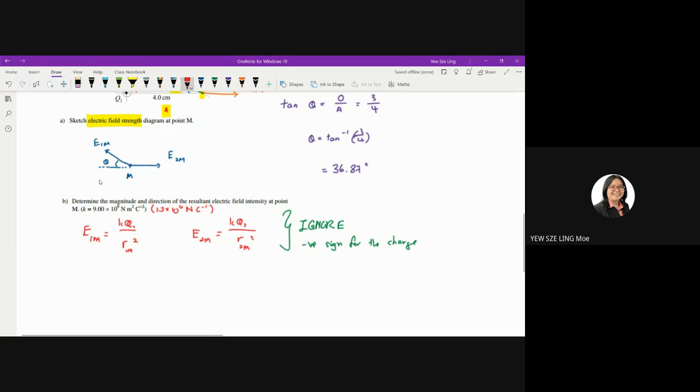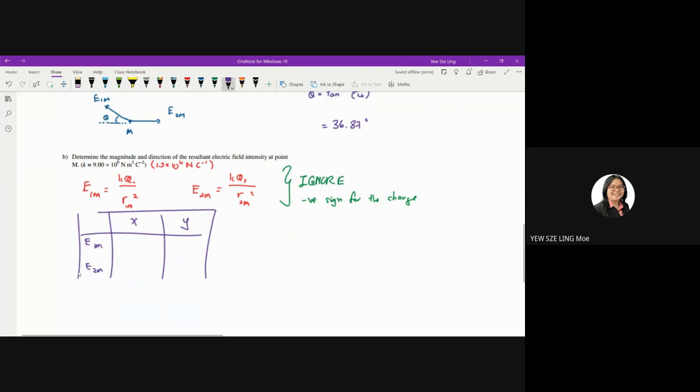So now that you have E1M and E2M, you can proceed to resolving vectors by using the table as usual. This is your X, this is your Y component. So E1M, E2M, and then next would be the total. So you need the total.